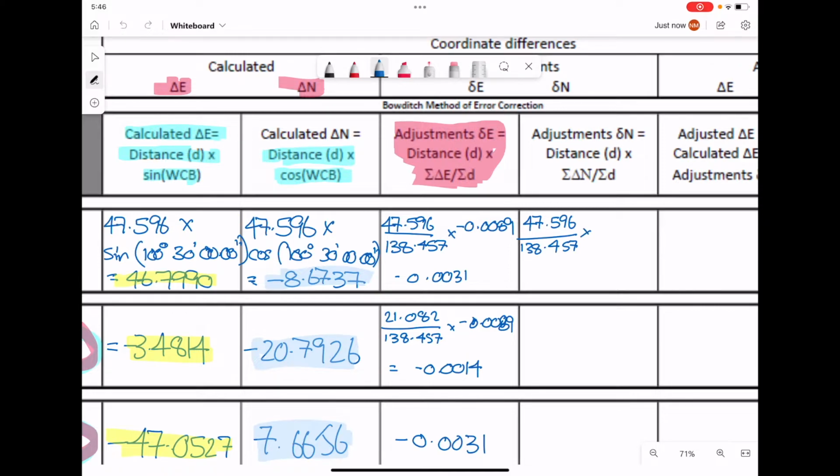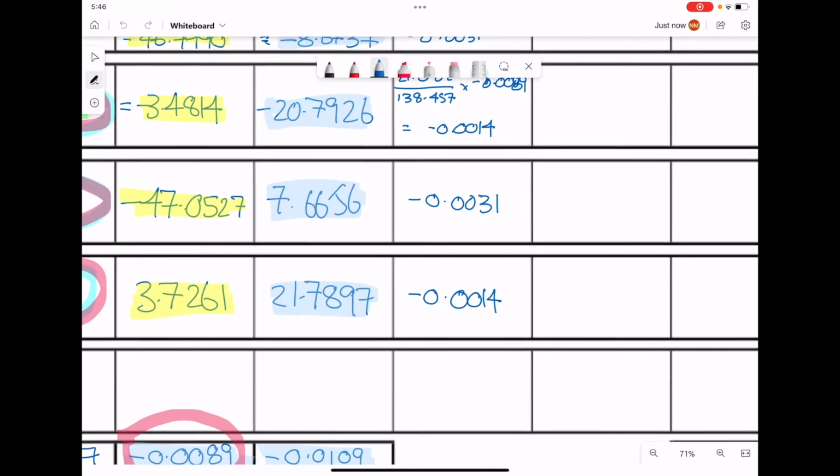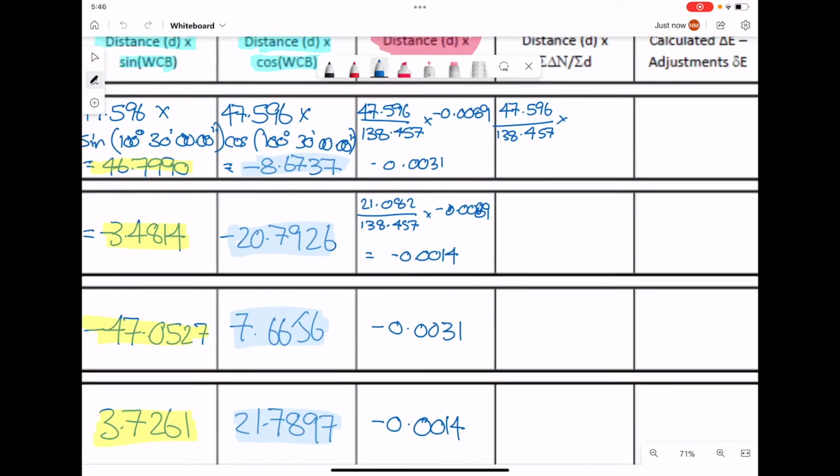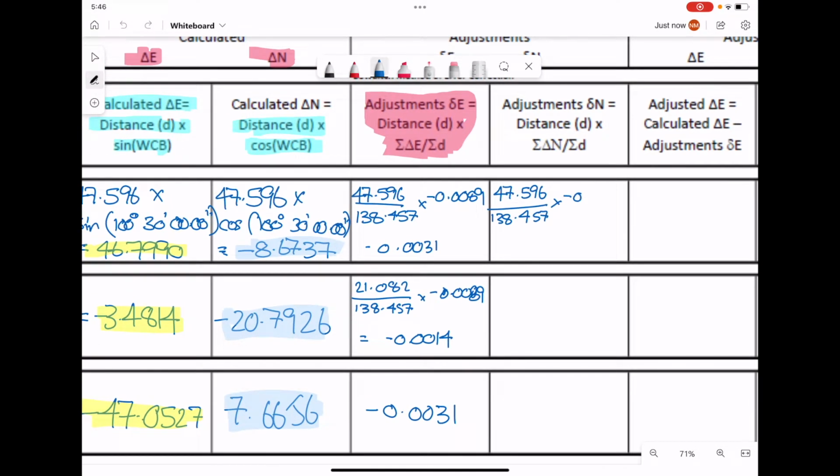Now this time we're going to multiply it by the total delta N, which is minus 0.0109. For this cell, that would give us an adjustment of minus 0.0037.